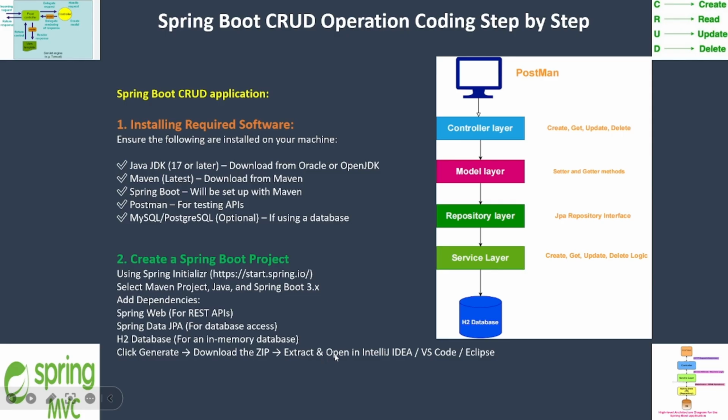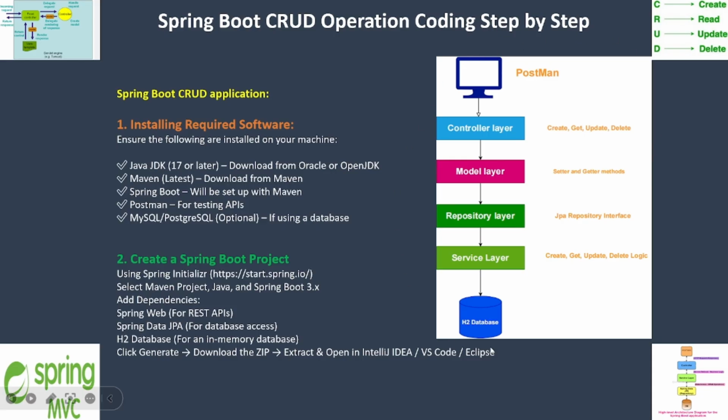Once you generate, extract, and open it in IntelliJ IDEA, VS Code or Eclipse. I'm using IntelliJ IDEA Community Edition. The links for VS Code, Eclipse, everything I'm putting in our description, so whichever IDE you like, download it and work on that one.